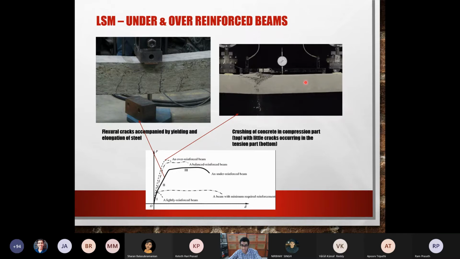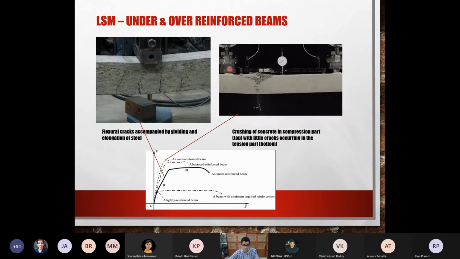You will hardly see any cracks from the bottom, and you see the concrete crushing over here. You know that above the neutral axis it's compression, so above the neutral axis the concrete crushes. This is how you visually identify whether the beam is failing through tension failure, an under-reinforced beam, or through compression failure, which means over-reinforced.